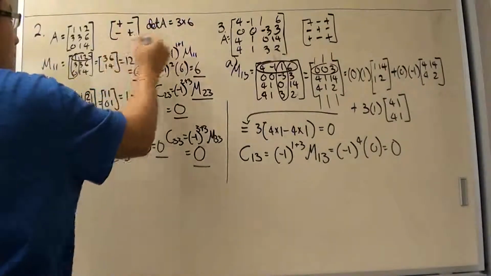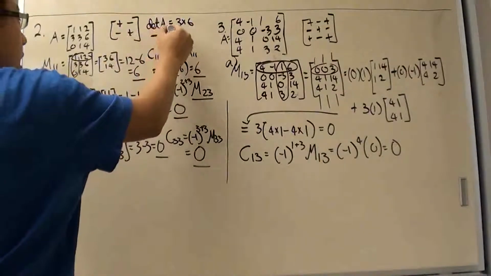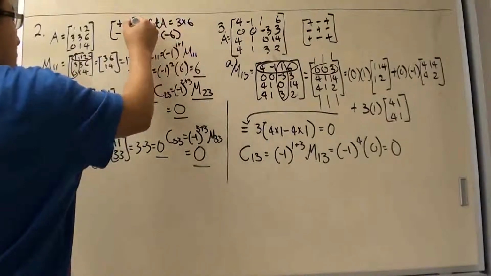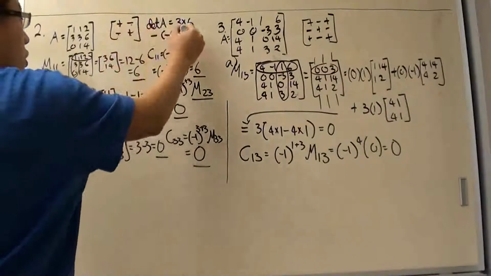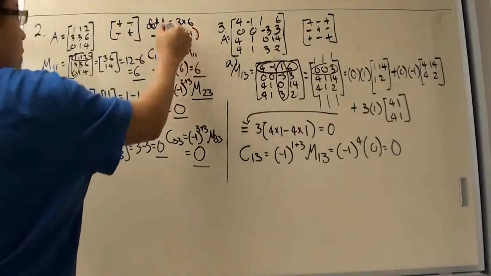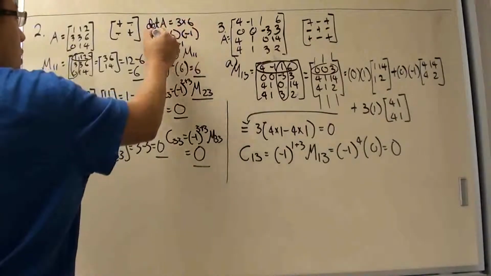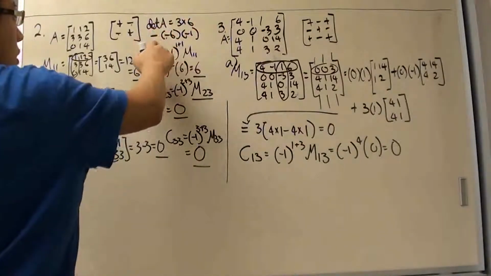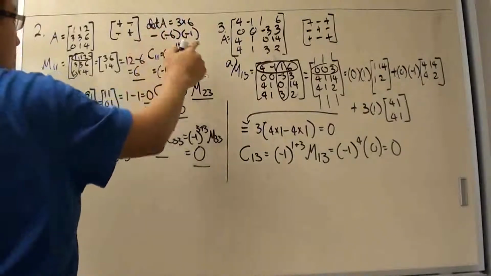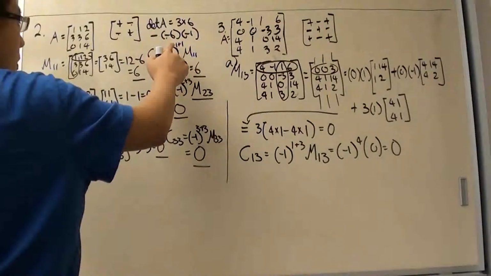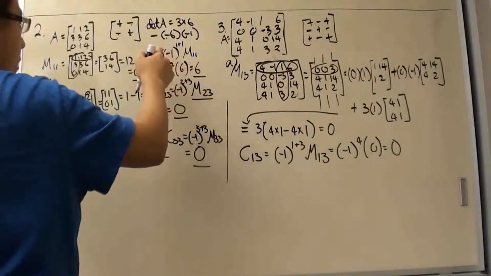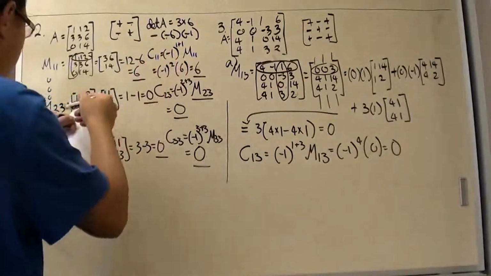And 6 and minus should really be negative 6, because there's a minus here, and 1 is also negative 1. It's just negative times negative, so you get a positive. Yeah, so that's essentially what it is, right?